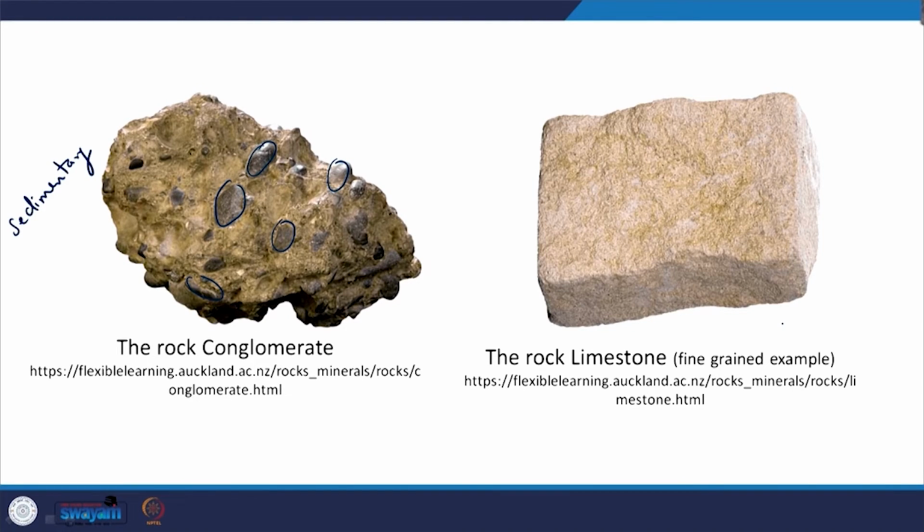Now, the next rock that is being shown here is the limestone, and a variety having fine grained rock has been shown here. So, this is also a sedimentary rock which consists of more than 50% calcium carbonate. Although there are many different types of limestone which are formed through a variety of processes.